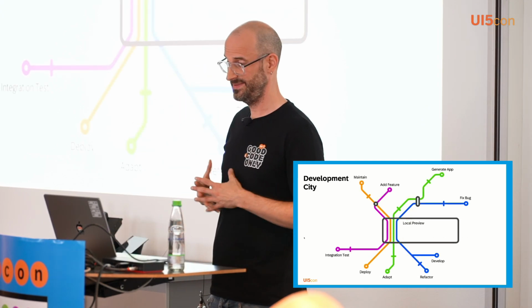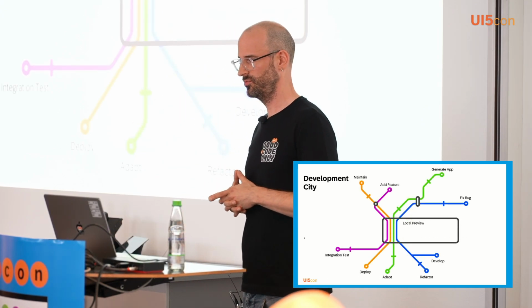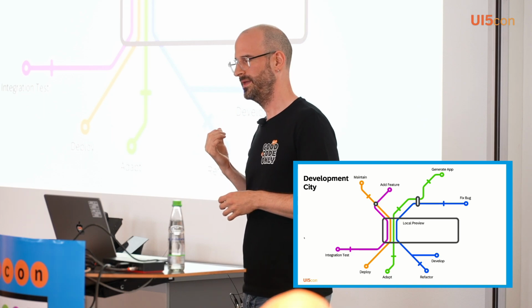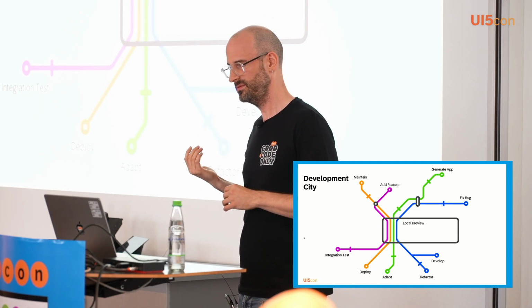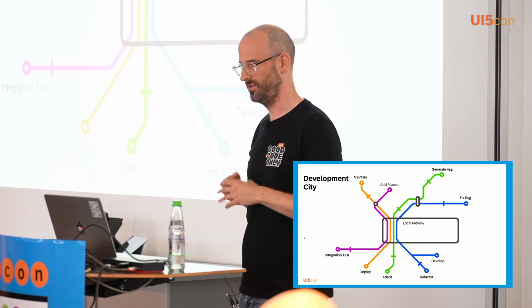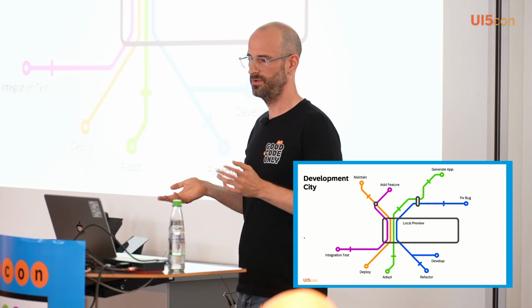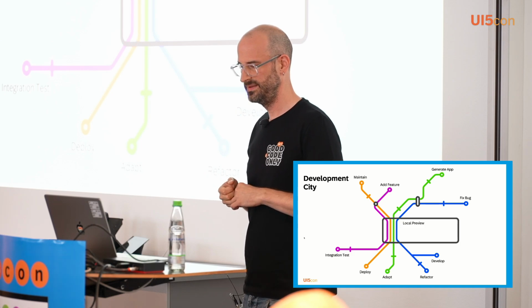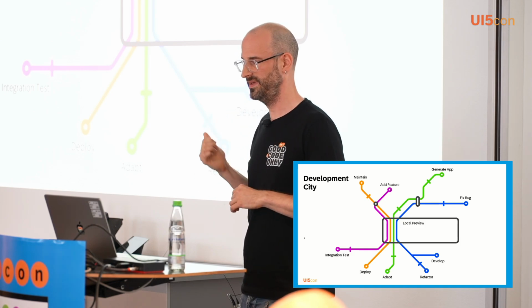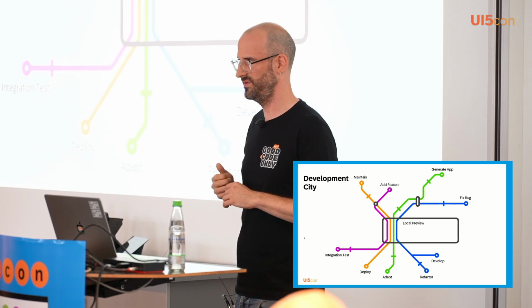Welcome to Development City. That's the underground map of Development City, and you should be somewhat familiar with the station names because it centers around development. For example, you generate an app, you add a feature, and so on. The central station is the local preview.